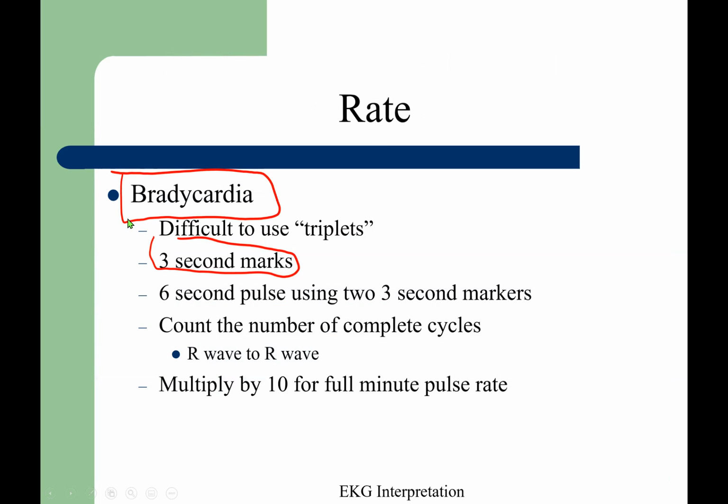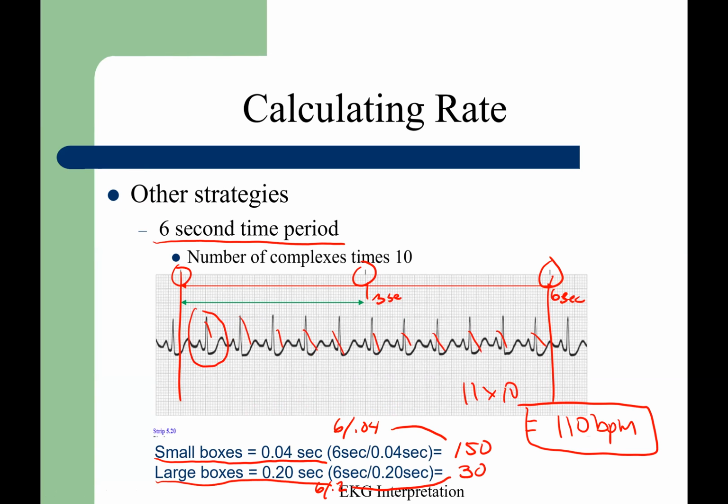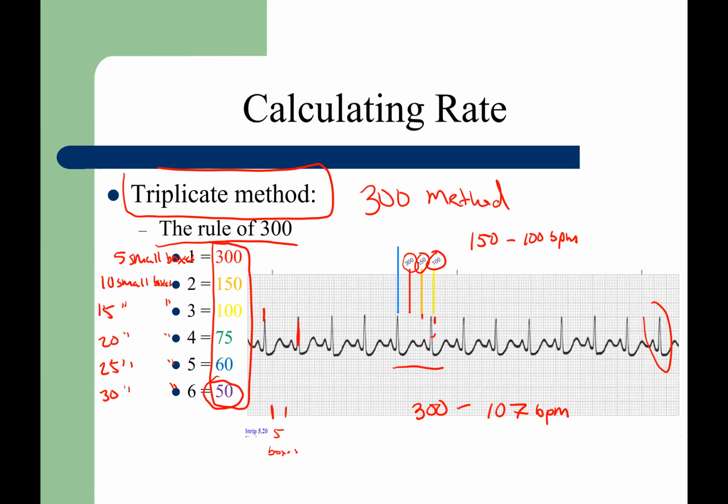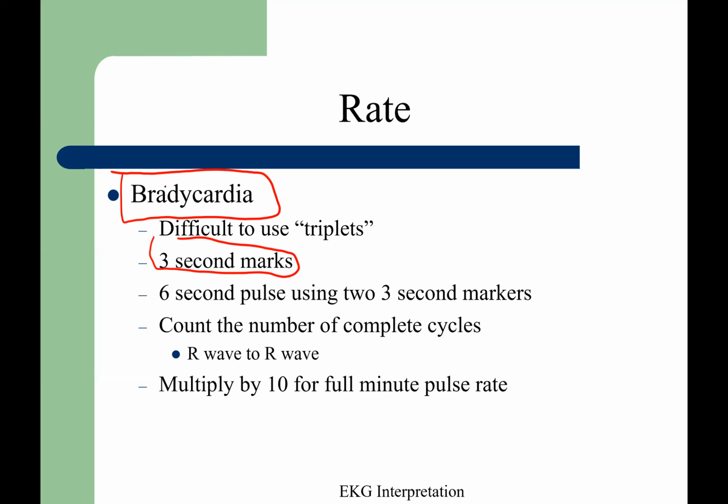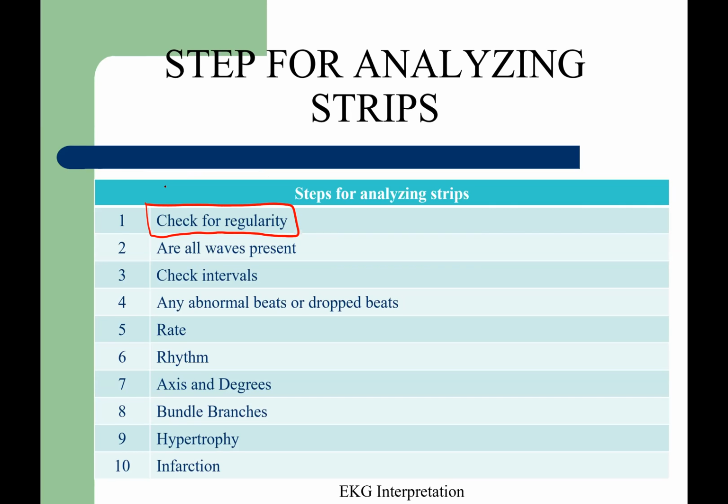We're going to go back for just 1 second because I need to add something here. If you have a rhythm that is considered irregular or offbeat, then you cannot use the triplicate method or the 1500 method. You can only use the 6-second method.